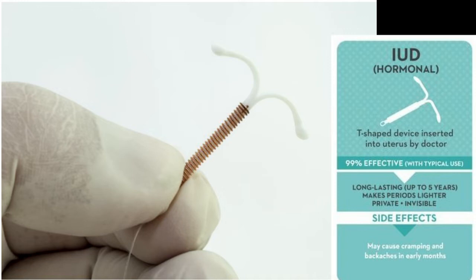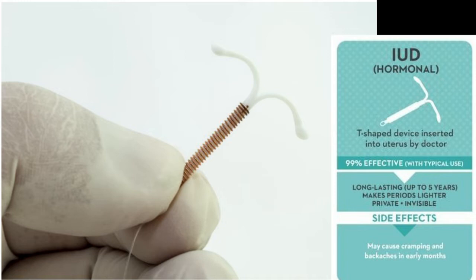So the other method is the use of the IUD. This one is a form of T copper, a T shape. This device is inserted into the woman's uterus by the doctor, and is 99% effective.